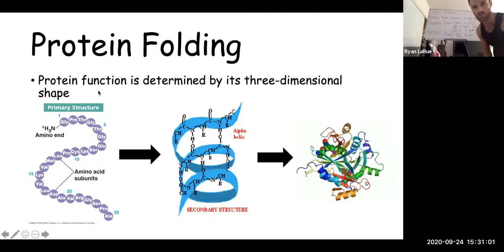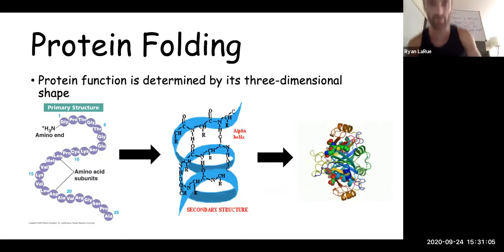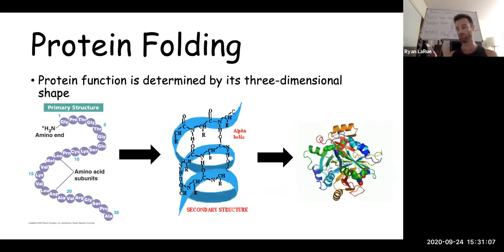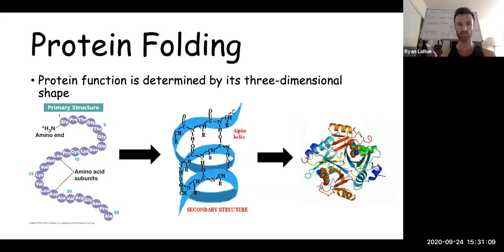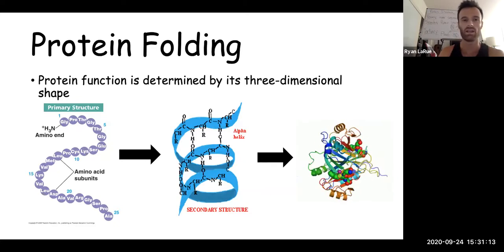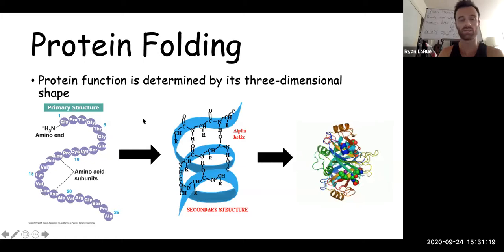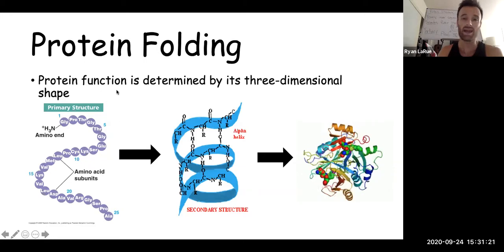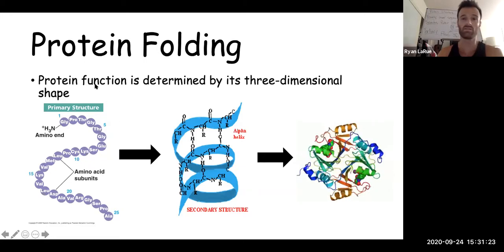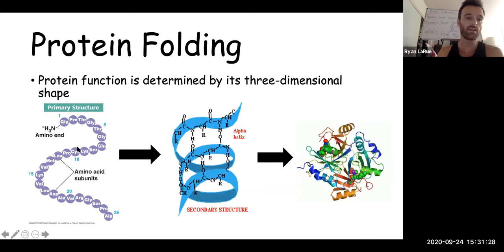The function of that protein, again, whether it's an antibody fighting infection or a protein involved in muscle contraction, it's going to have a different shape, right? It's going to have a different tertiary structure because of the very different functions of these proteins, right? That we talked about last time.